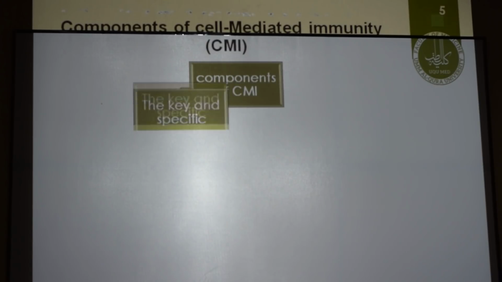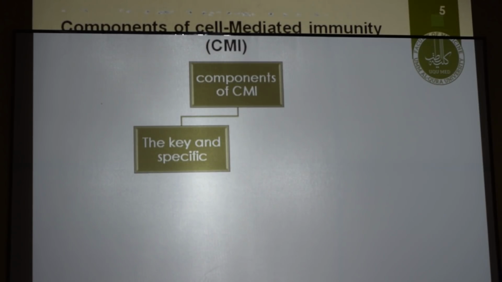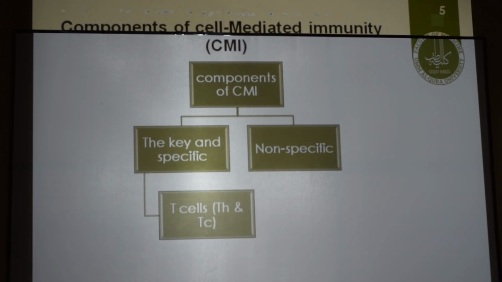Now what components are involved in the cell-mediated immune response? T cell. Which other cell do you expect? Dendritic cell. Natural killer, very good. Macrophages. So macrophages, natural killer cell, dendritic cell and T cell of course.